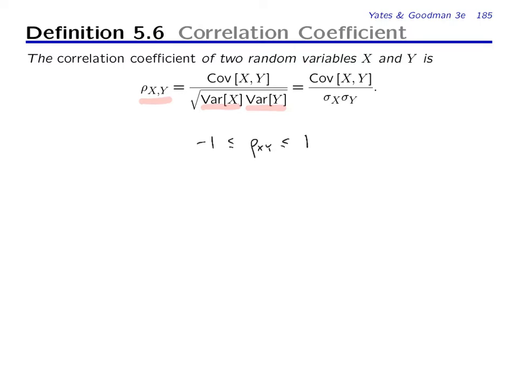And that when rho is 1 or -1, the natural situation in which that arises is when Y is equal to aX plus b, particularly a greater than 0 implies rho equals 1, and a less than 0 implies rho equals -1. So how close rho is to 1 or -1 gives you a sense of how close sample value pairs X and Y are to some line Y equals aX plus b.